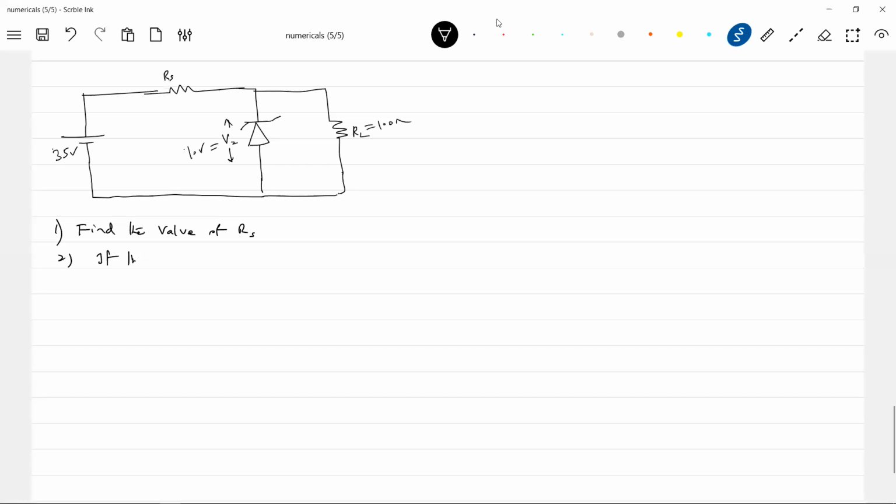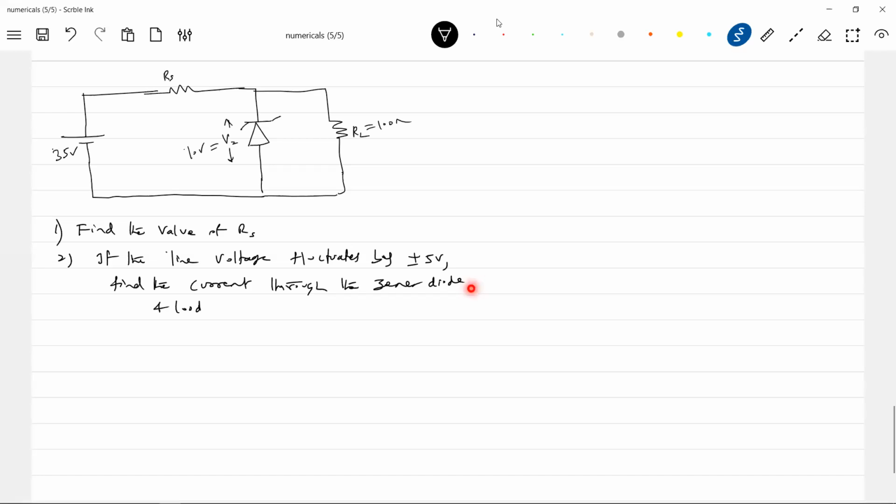Second one, if the line voltage fluctuates by plus or minus 5 volt, find the current through the Zener diode and load, and also the power dissipation across the load.